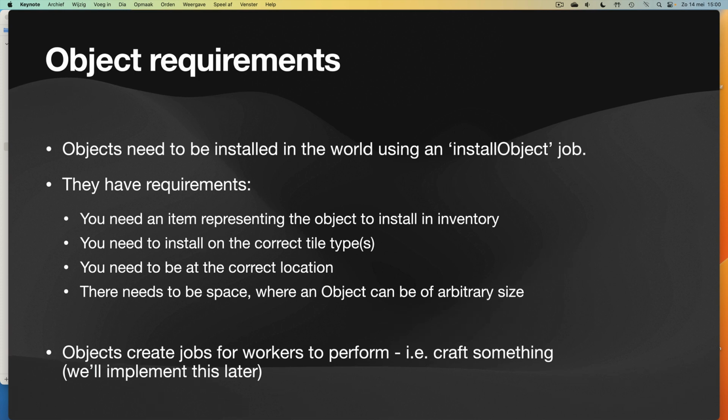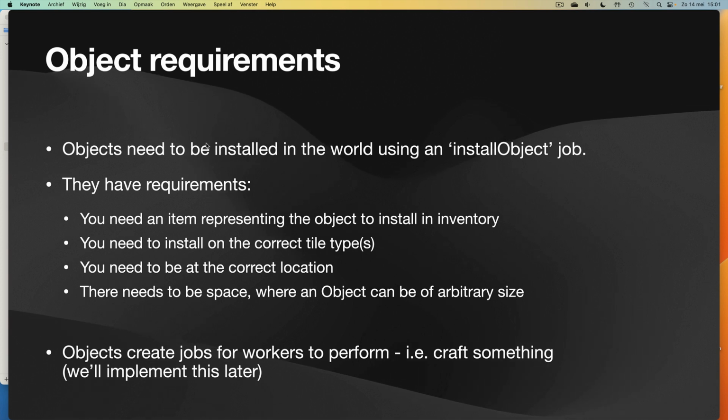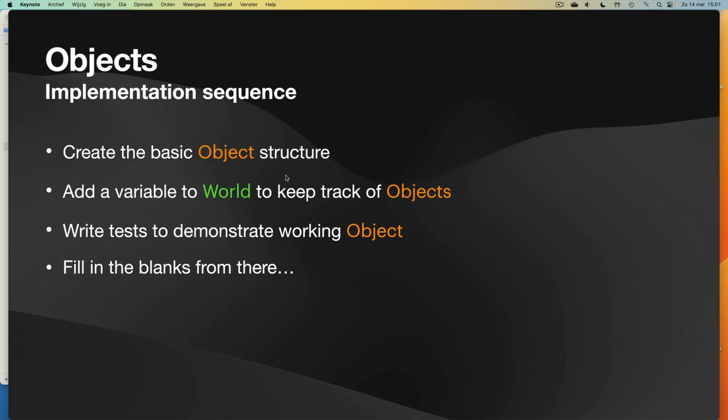And later on, we will make it that objects can create jobs for workers to perform, for instance, to craft something. And this is how we can implement actual behavior for the objects. But today we will focus on the install object job, setting the requirements.